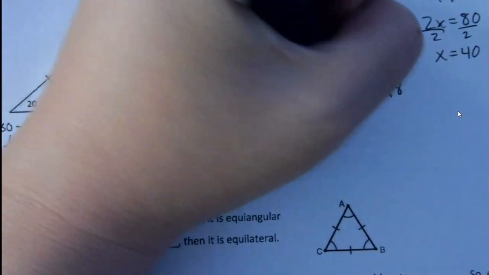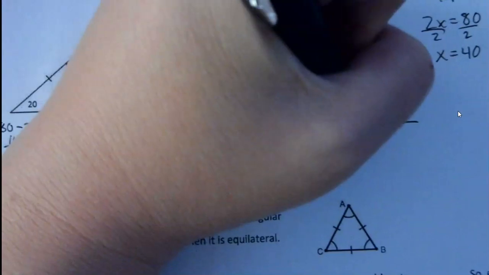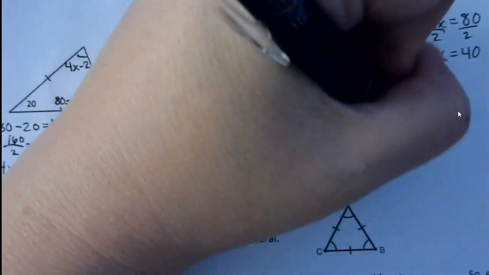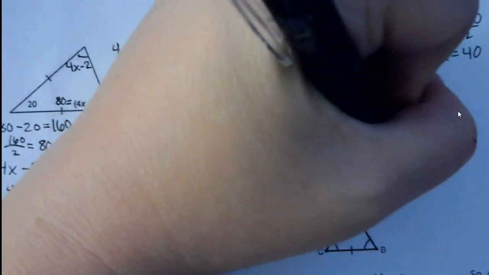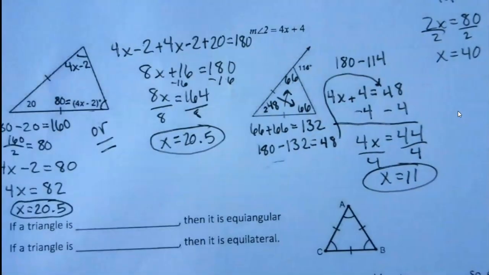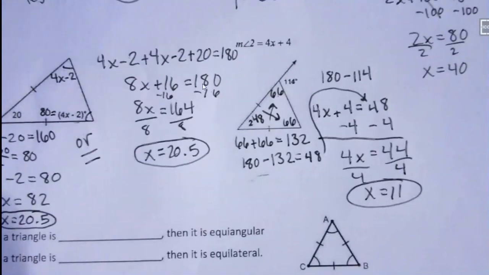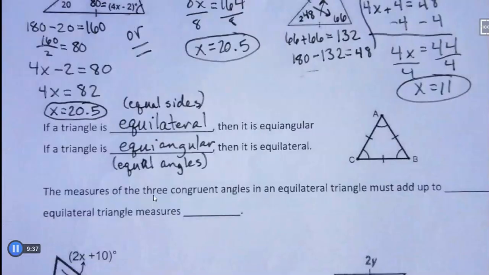So here's where you can solve. Minus 4, 4x equals 44, divided by 4, and x is going to be 11.